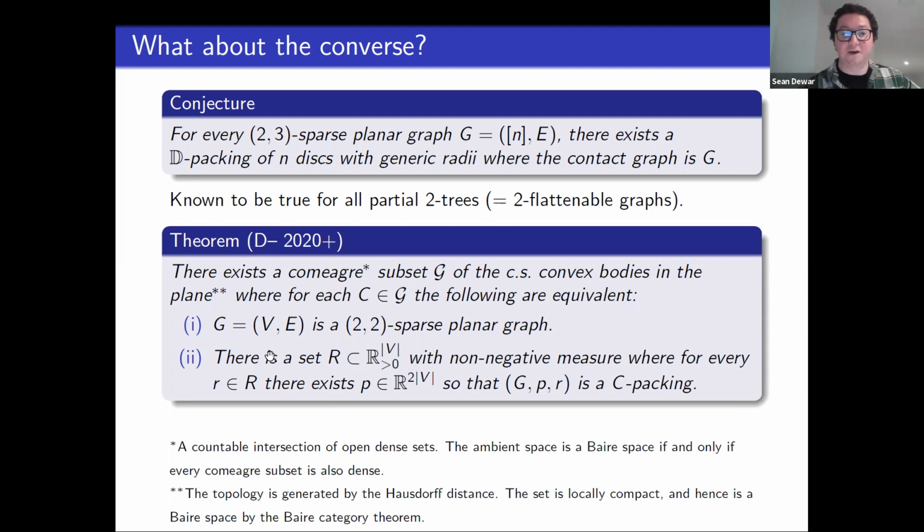And the equivalence is saying that if I have a graph G that's a 2-2 sparse planar graph, then this is going to be equivalent to the fact that there's a set of radii with positive measure, where for every radii in this set, there's going to exist some placement so that we have a C packing with G as the contact graph. So I'm going to explain this in layman's terms, but that's what the theorem says.